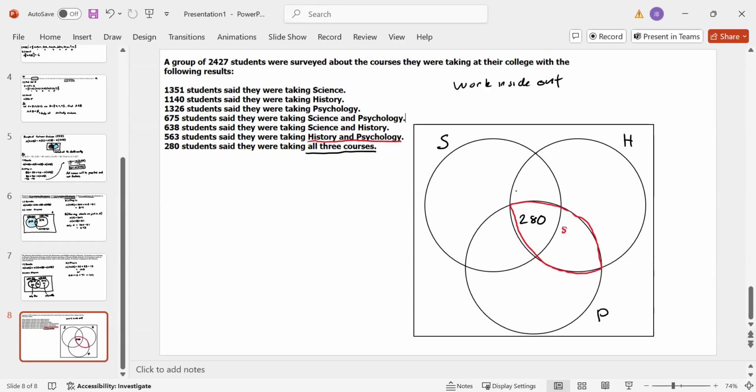So 563 minus the 280 that already have taken both, right? Let me make that a little bit easier. So 563 minus 280 is going to be equal to 277. And I'm going to verify that before I continue.